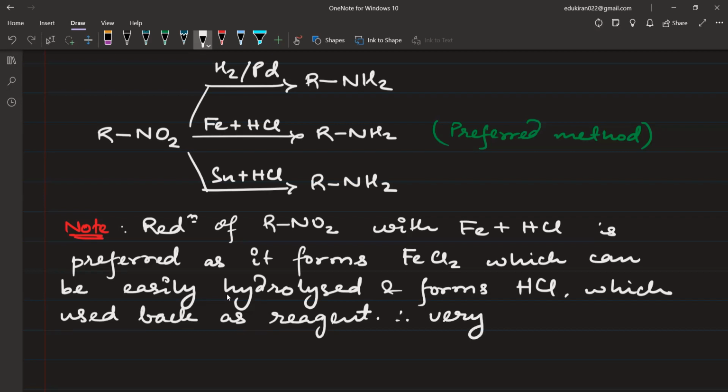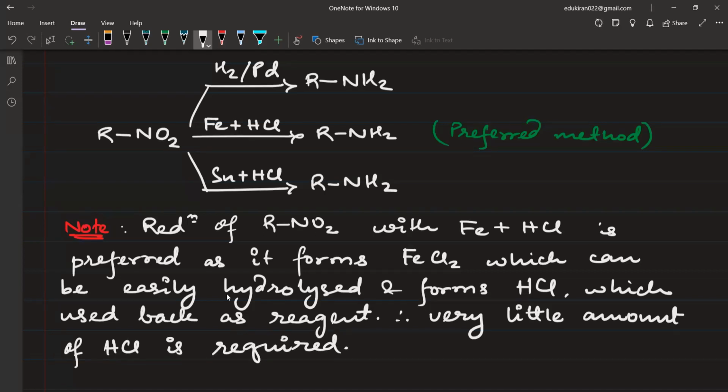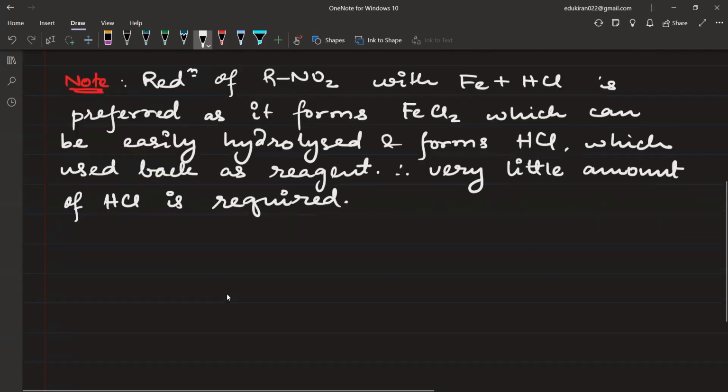Therefore, very little amount of HCl is required. Okay, so remember this point.